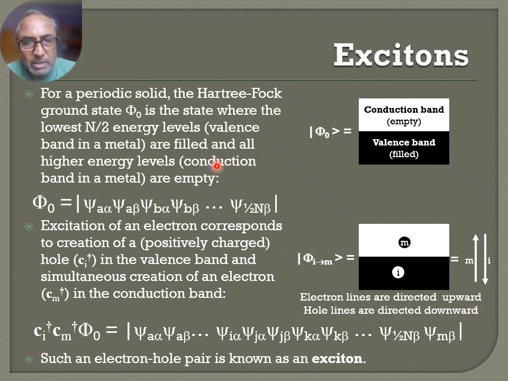The Hartree-Fock ground state phi 0 is the zero exciton state. Okay. We will talk more about excitons in the next episode, but we will first introduce the Feynman diagrams and talk about quantum electrodynamics also. Okay. See you next time.